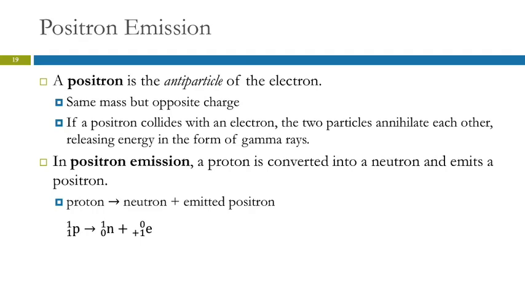If a positron and an electron collide, they annihilate each other. They're gone. There's nothing left. There's no electron there. It doesn't turn into a proton or something. They annihilate each other. Poof, they're gone. Energy is released in the form of gamma rays.